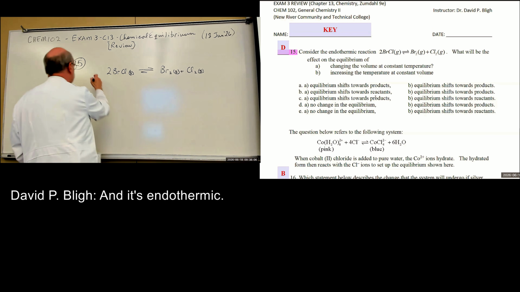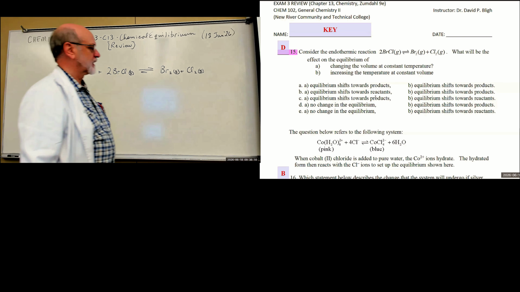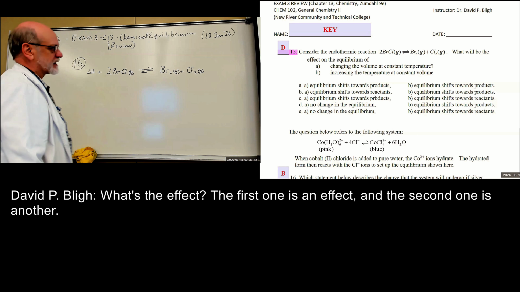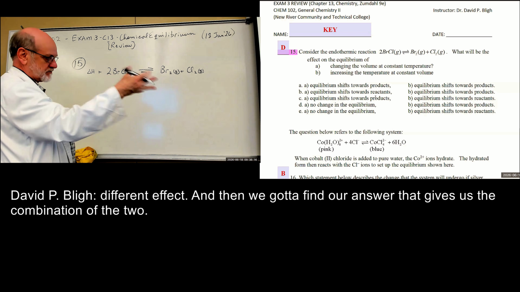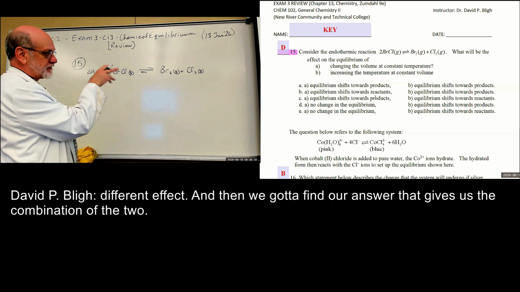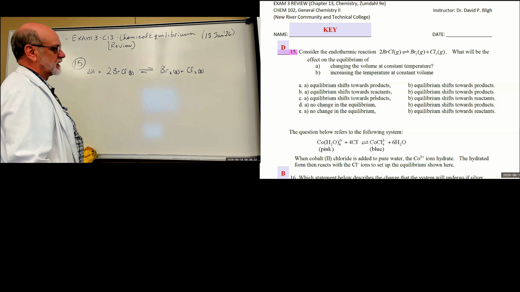And it's endothermic. So there you go. What's the effect? The first one is an effect, and the second one is another different effect. And then we've got to find our answer that gives us the combination of the two.